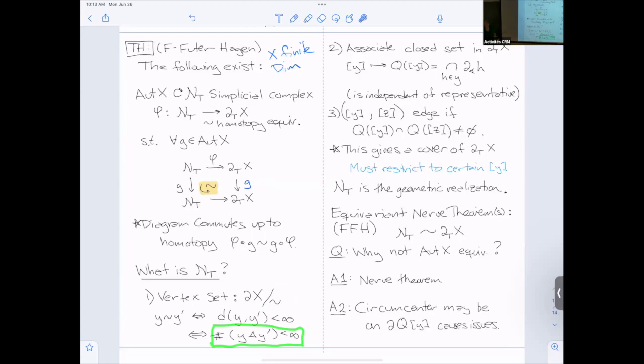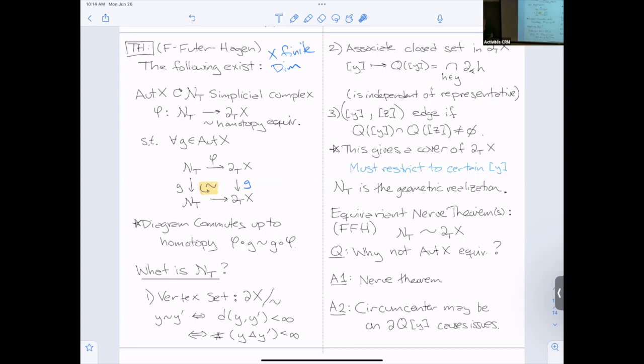So that's going to be the vertex set. Secondly, we're going to associate to those classes a closed subset of the Tits boundary, just like before. And then you have to show that this is independent of the coset representative, which it is.